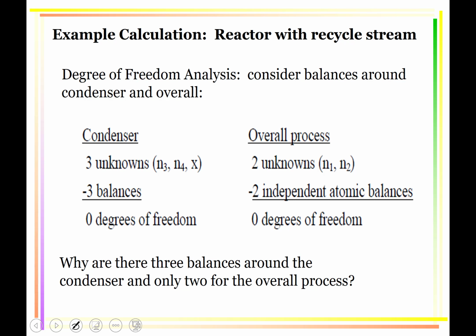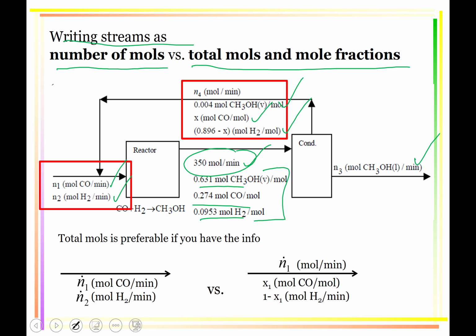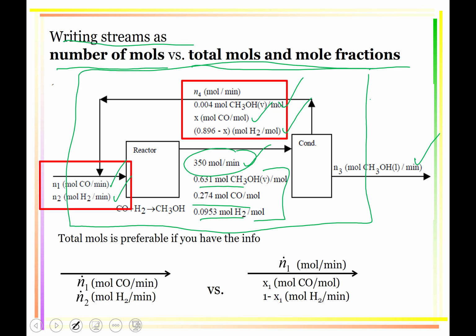So if we do the degree of freedom analysis, if we consider the balances around the condenser and the overall. Around the condenser, we have N3, N4, and X. Now let's look back at the flow chart here. If we draw the overall balance, before we do any calculations, we actually have 3 unknowns.